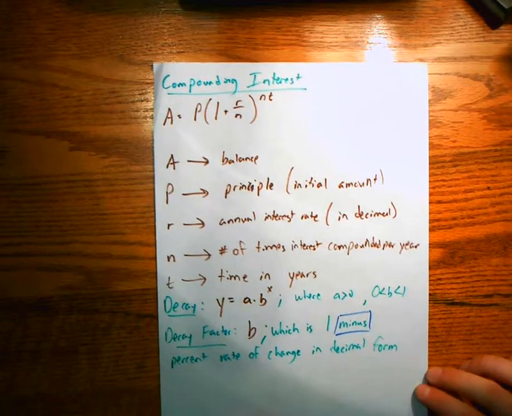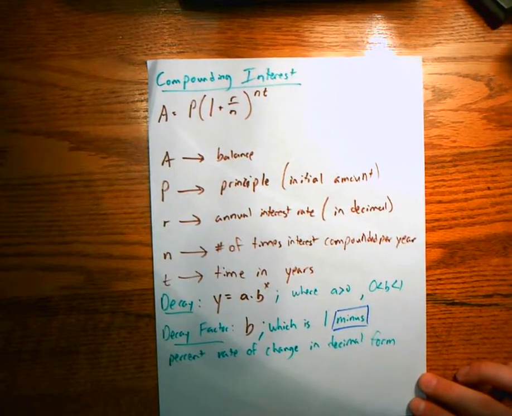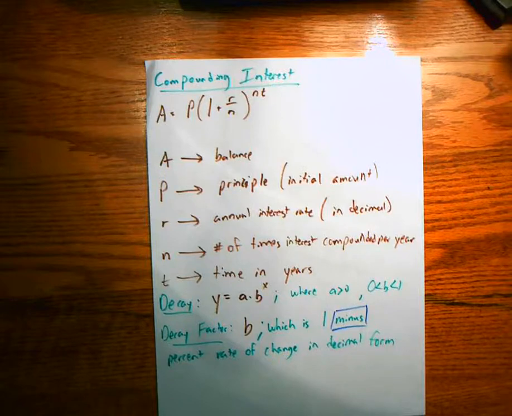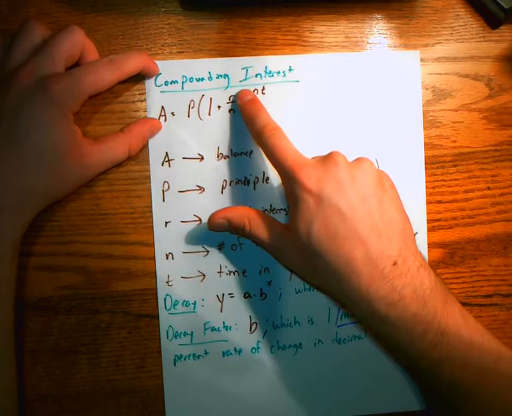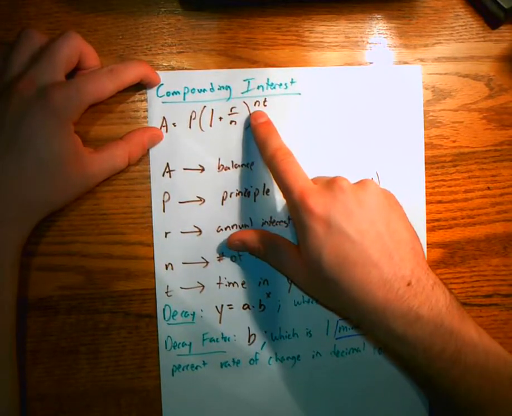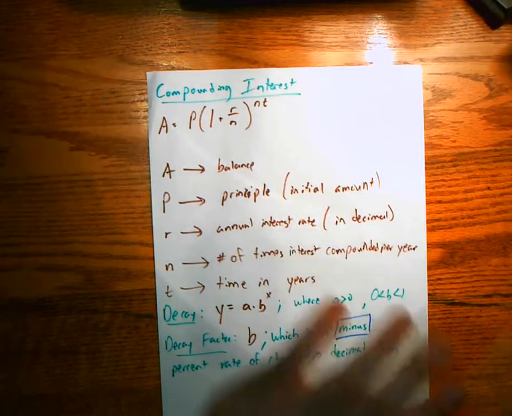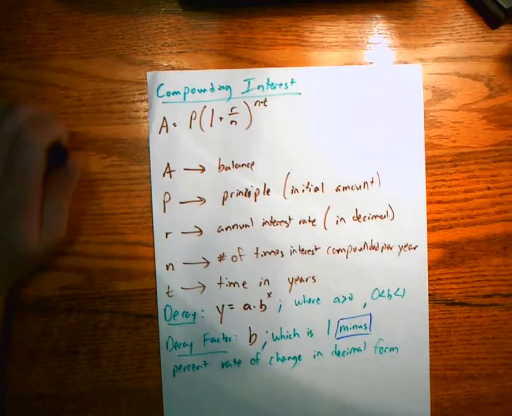Compounding interest is a way for you to put some money into a savings account, and with a certain interest rate and compounding number of times, that account will accumulate money just sitting there. You may put some more in, but that money will be making money inside the account. The formula is A equals P times (1 plus r over n), all of that raised to the n times t power. These two numbers are being multiplied.